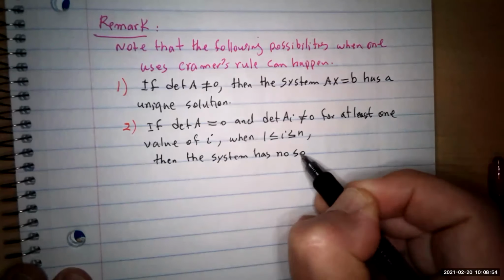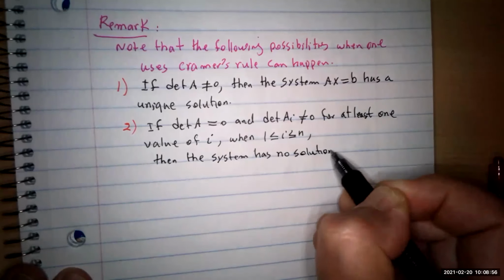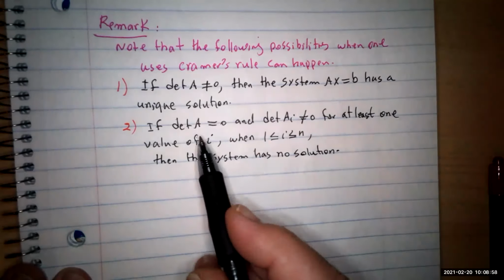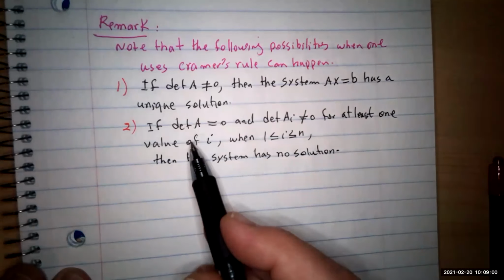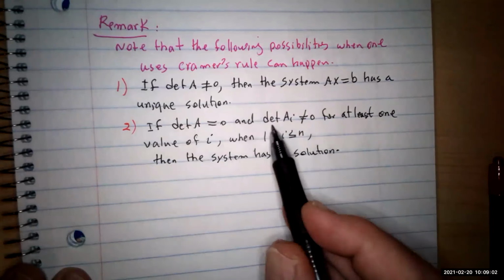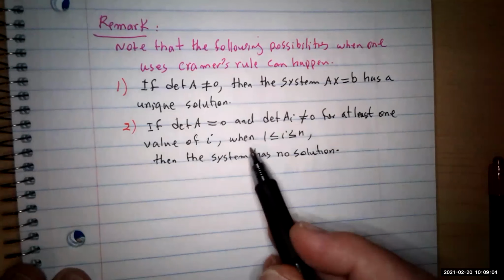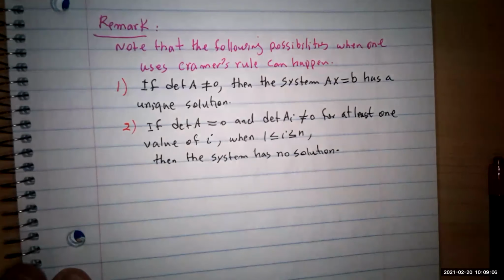So if you get the determinant of A equal to 0, you have to continue. As soon as you get one of those non-zero, you stop. The system has no solution.